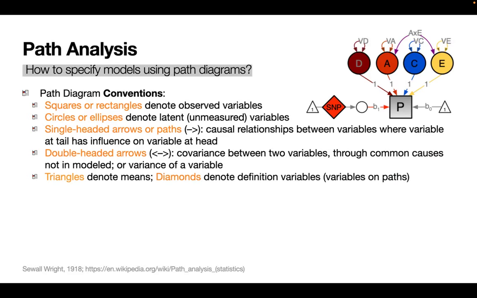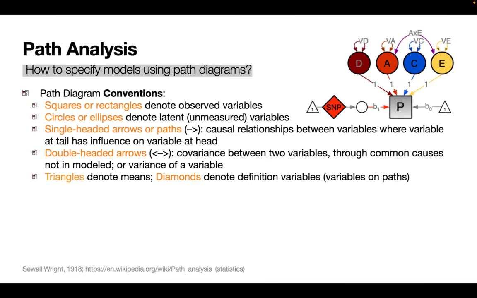So typically squares or rectangles, such as P here, are used to denote the observed variables, while circles or ellipses denote the latent or unmeasured variables. We use single-headed arrows or paths to represent causal relationships between variables, where the variable at the tail has an influence on the variable at the head.